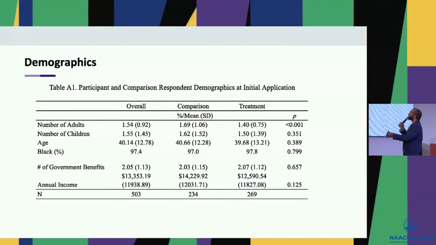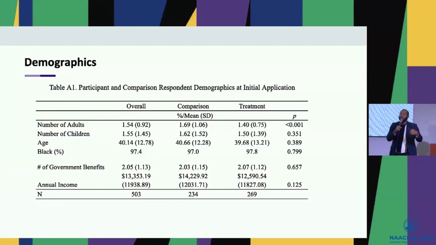And what we're demonstrating with these numbers, really just to make it simple, is that those who were in our program do accurately represent the majority of Black women and their experience in Georgia. Because we know if, for example, our treatment program was receiving significantly more or significantly less government benefits than the overall population, we couldn't use our data to generalize that experience and the potential benefit of this program.